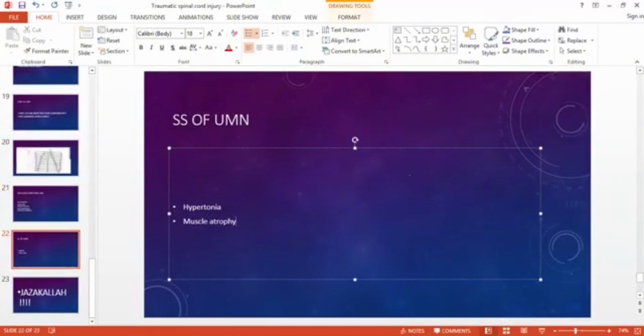Muscle wasting, as I've told earlier, is a decrease in the number of fibers that happens in lower motor neuron. Here there will be muscle atrophy. Exaggerated reflexes. Great. So there'll be exaggerated reflexes.